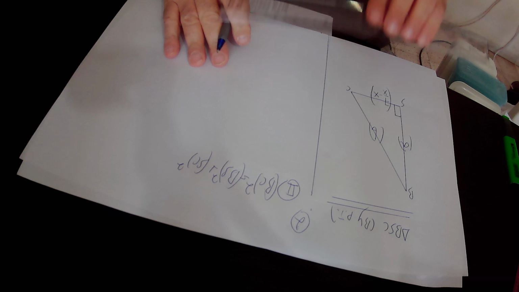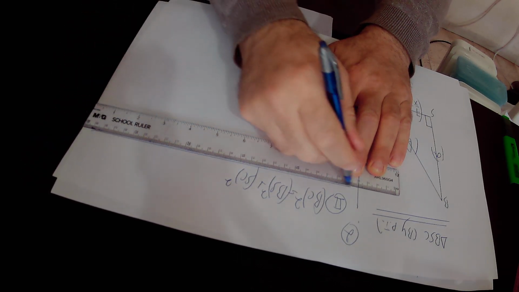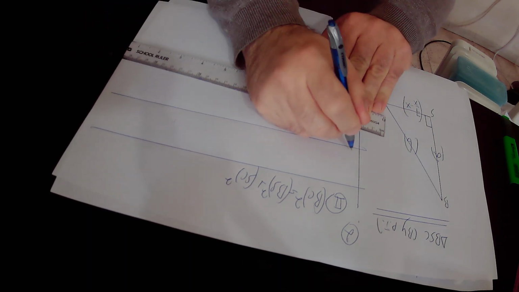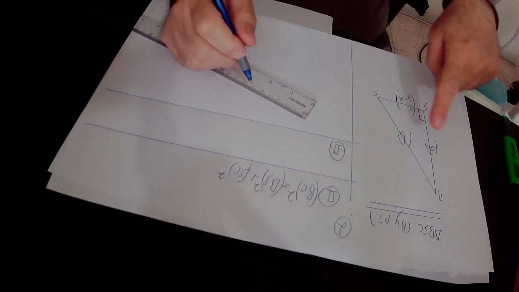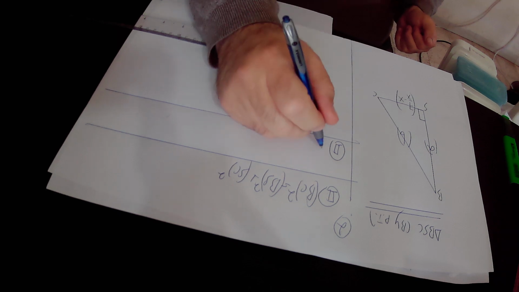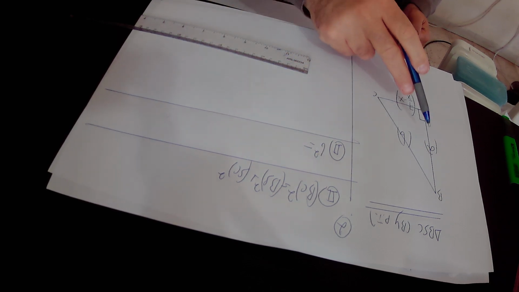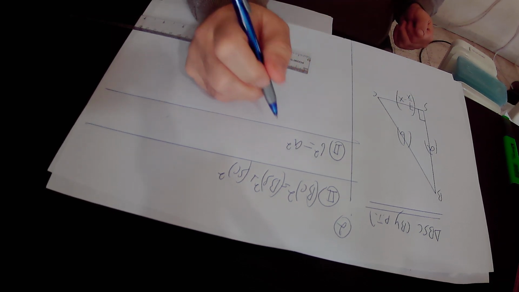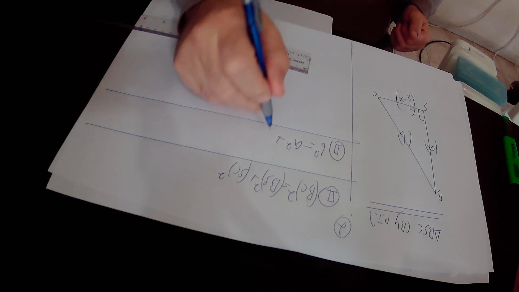So this is equation 2. The hypotenuse BC equals B, therefore BC square is B square, and it equals BS square. BS is A, therefore BS square is A square, plus SC square. SC is 7 over X minus X, therefore SC square is 7 over X minus X squared.